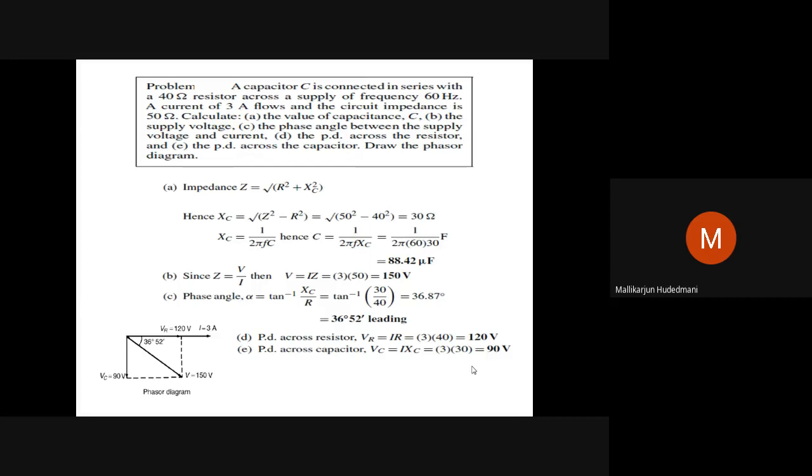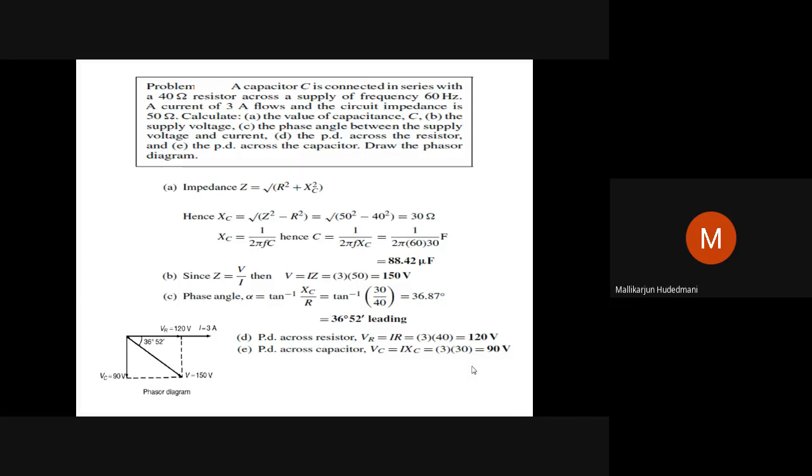Calculate the value of capacitor C, the supply voltage V, phase angle between voltage and current, that is angle phi, the potential across the resistor, potential across the capacitor. It's a simple RC series circuit only, but they are not giving you the things easier. They are demanding you to express your understanding, try to use it in the numerical approach.